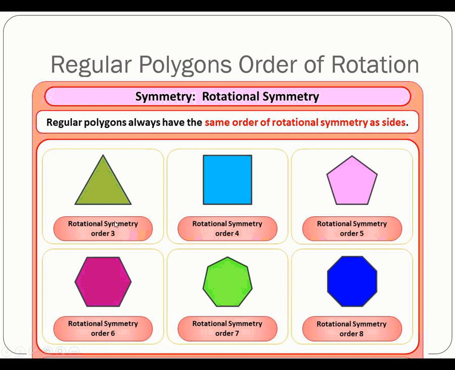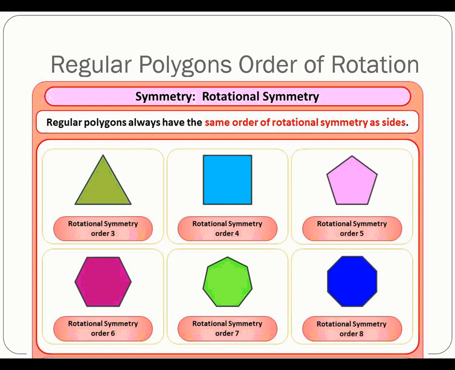An equilateral triangle has 3 sides, so it has a rotational symmetry order of 3. Since a square has 4 sides, guess what? The order is 4. Pentagons will have 5, regular hexagons will have 6, regular heptagons, which have 7 sides, will have 7, and regular octagons will have 8 for their order of rotational symmetry.